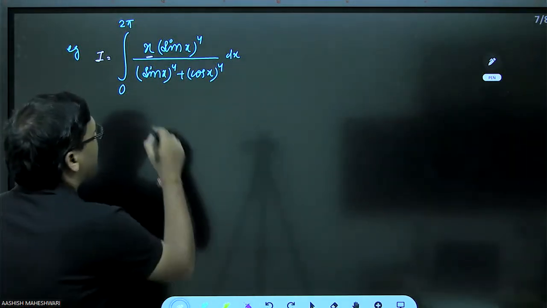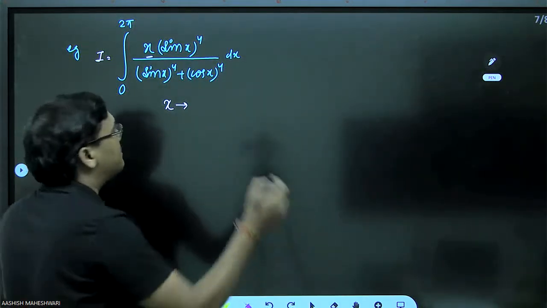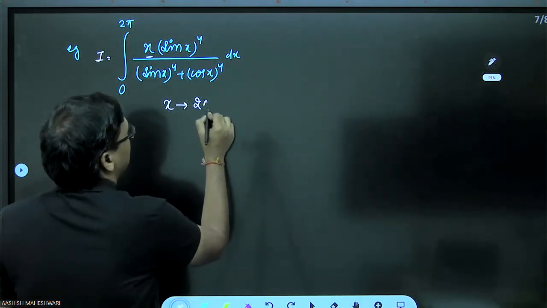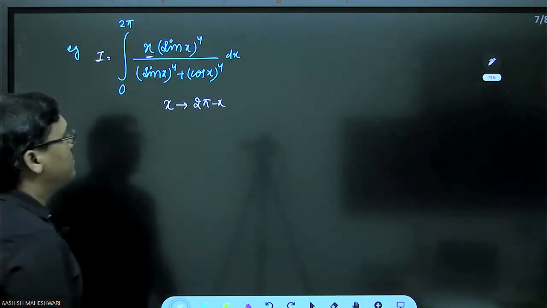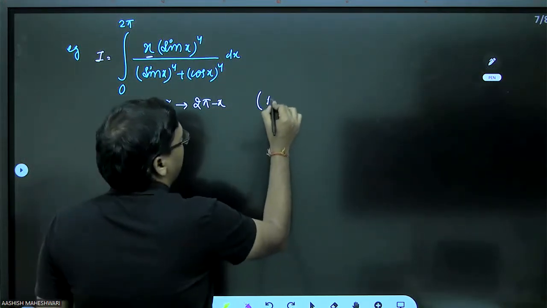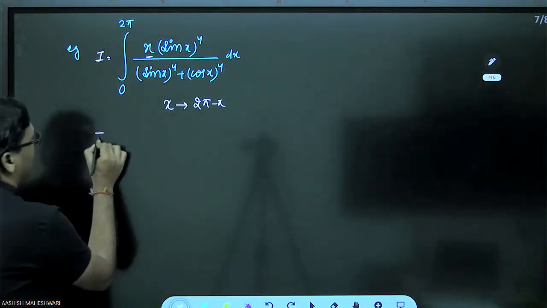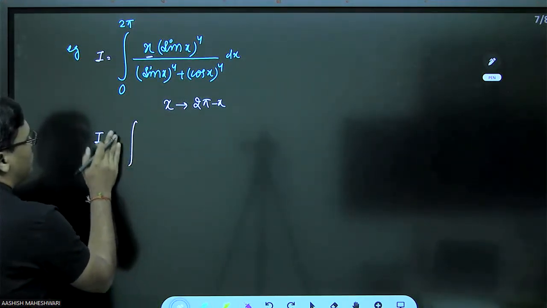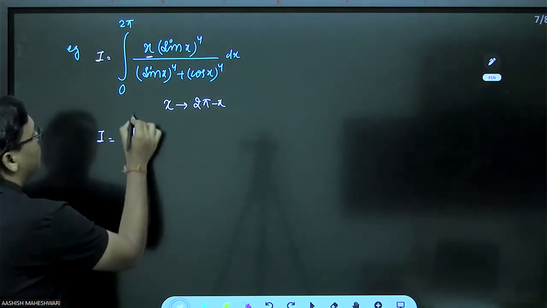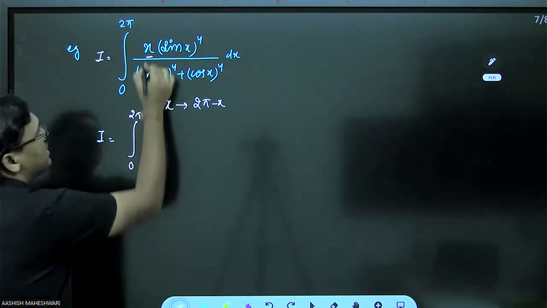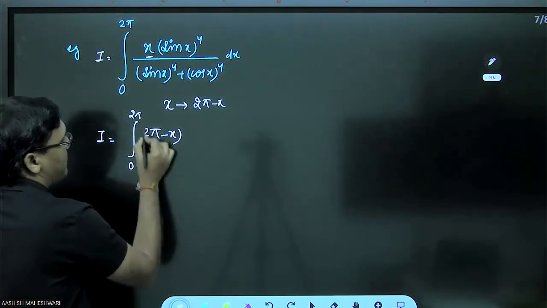If you observe, if I apply x goes to a plus b minus x, what is a plus b minus x? It is 2 pi minus x. That is the King property. So this is 0 to 2 pi, and this will become 2 pi minus x.